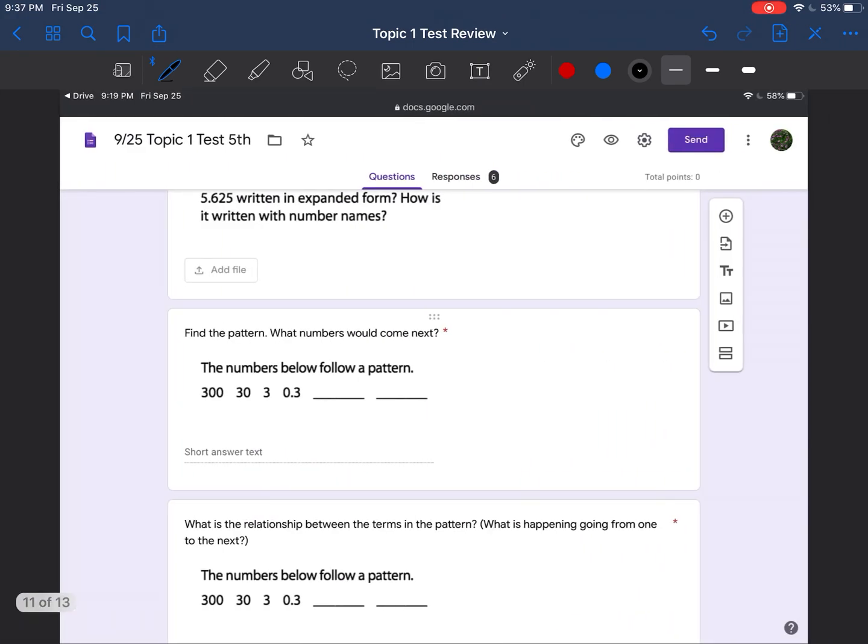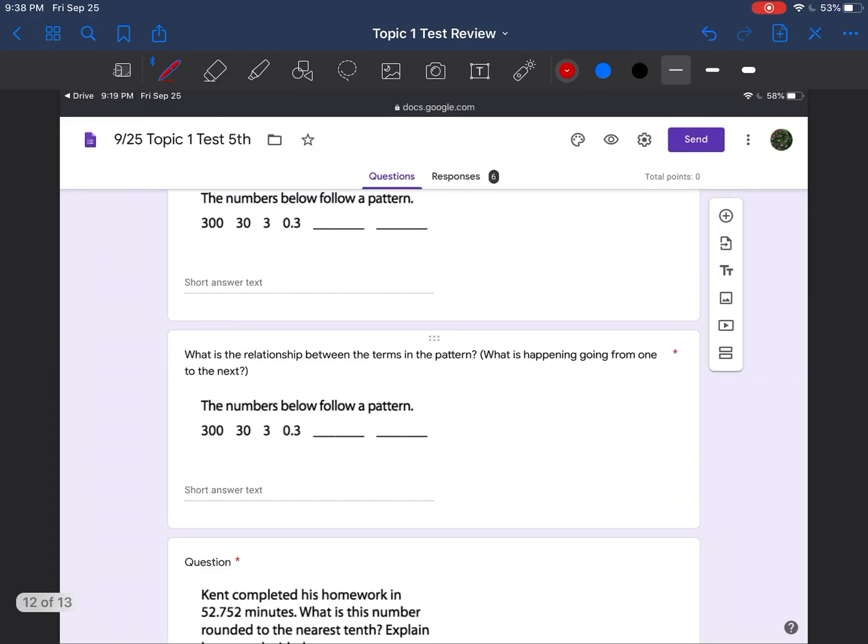All right. The next one, it says find the pattern. So it went from 300 to 30 to 3. So already I see that it's decreasing, getting smaller. Then we have 3/10. Next would come 3/100ths and then 3/1,000ths. So it's decreasing.